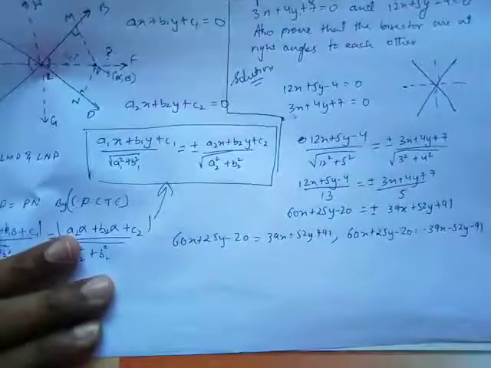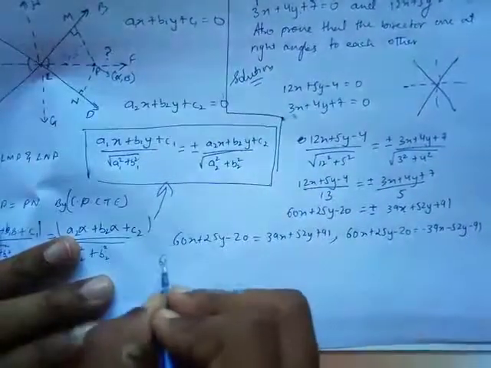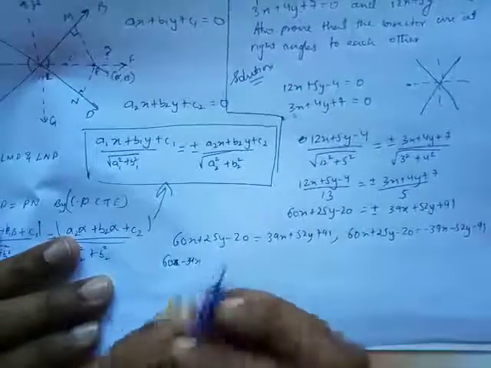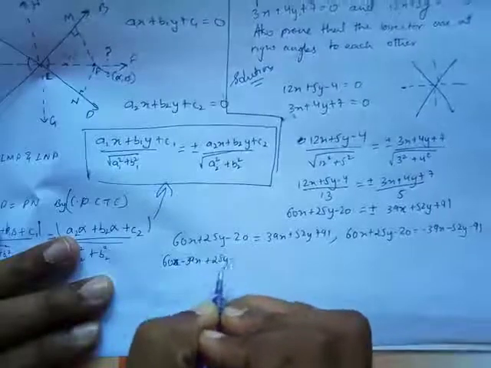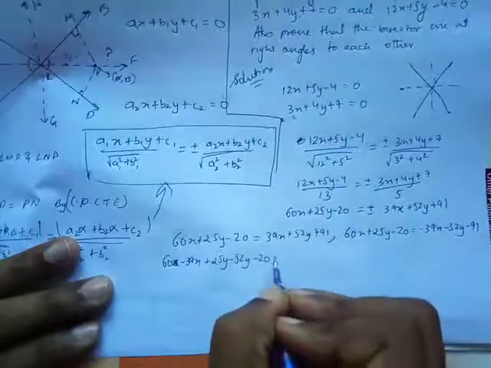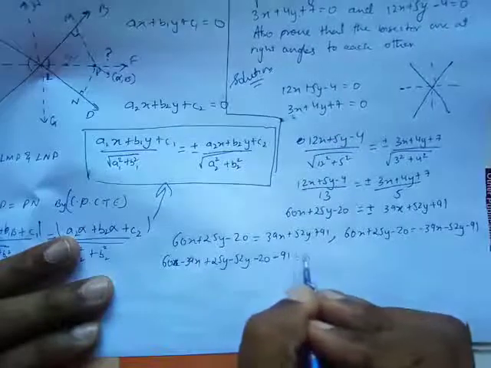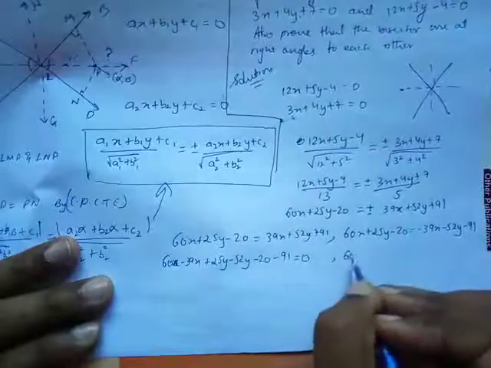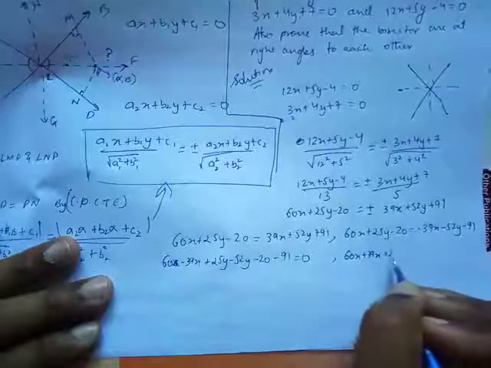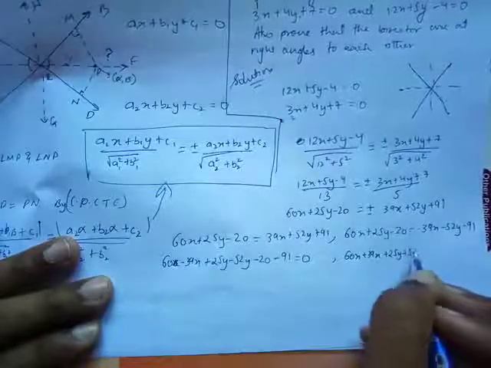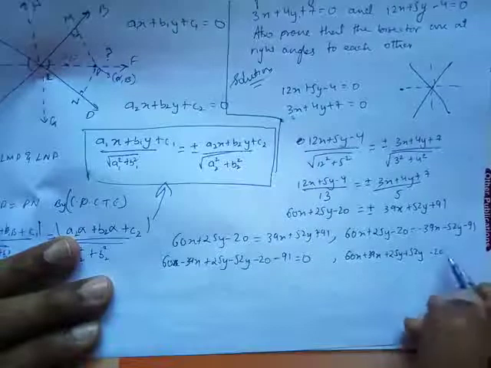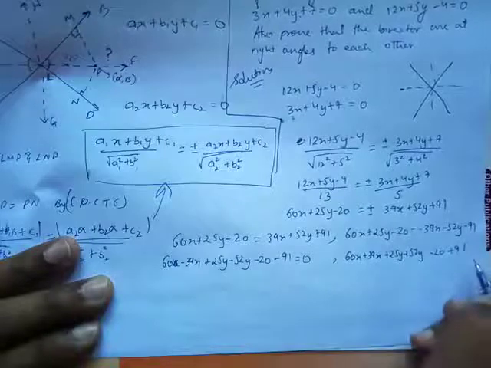Then I'll shift everything to one side. 60x minus 39x, plus 25y minus 52y, minus 20 minus 91 equals 0. And the other one is 60x plus 39x plus 25y plus 52y minus 20 plus 91.